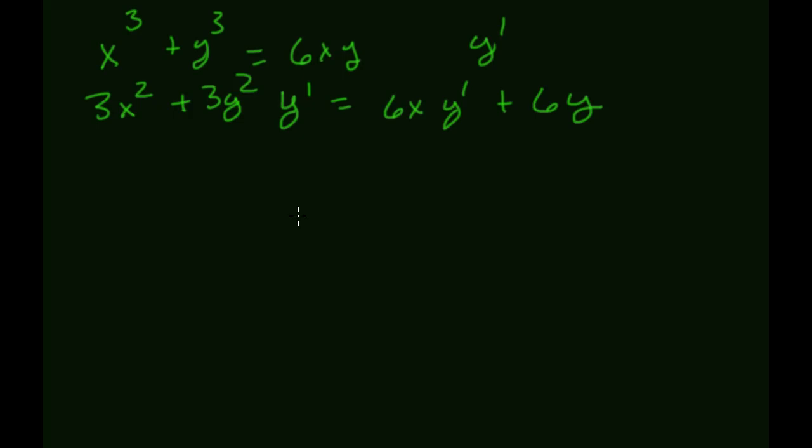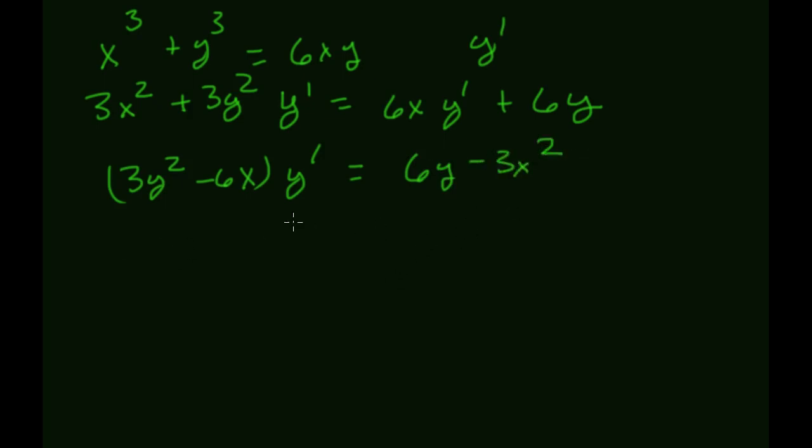So let's see, what do we do here? We move things around a little bit. We get that 3y squared minus 6x, sorry, not 6y, minus 6x, times y prime is equal to 6y minus 3x squared.